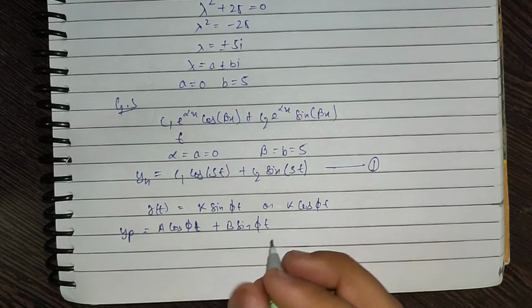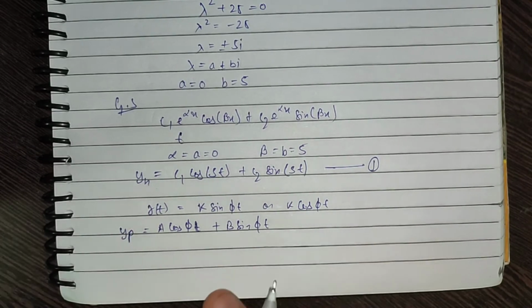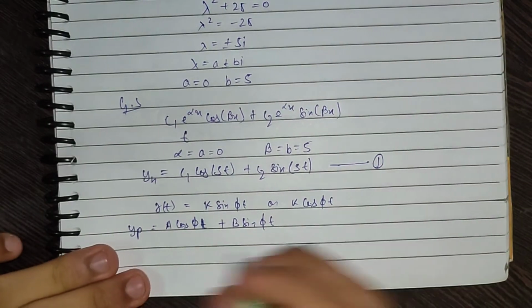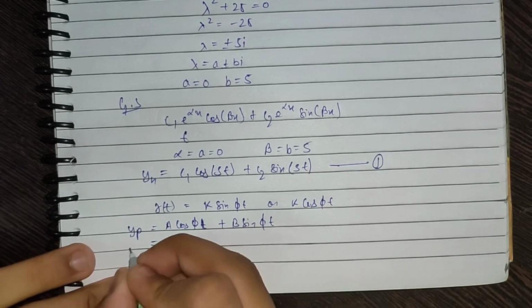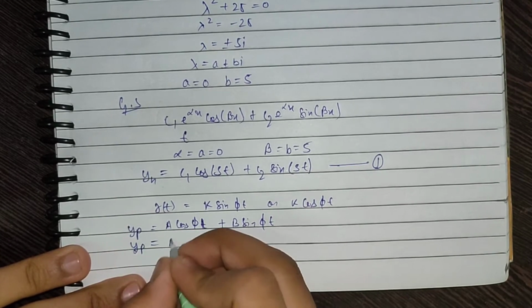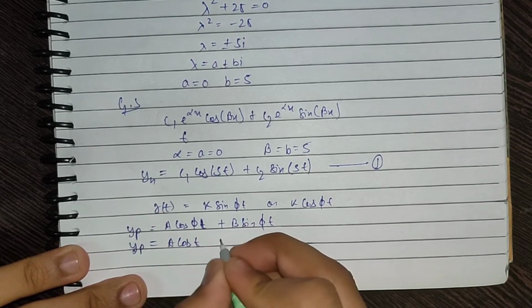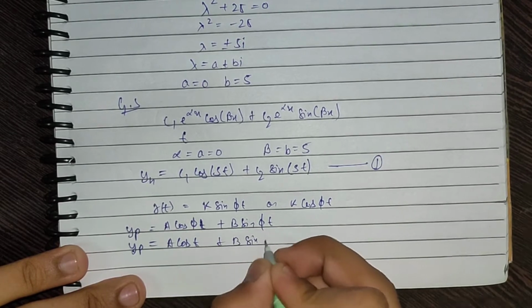So phi in this case is 1, as we've got 24 sin t only, so we are putting phi equal to 1. So yp will be a cos t plus b sin t.